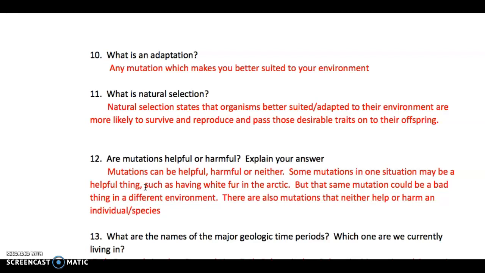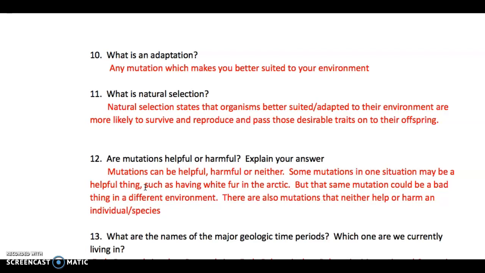The mutation that causes that brown coat color is a good thing because they are camouflaged. If you take that same exact deer, same mutation, put it in the Arctic in the ice, it's no longer camouflaged, so the mutation causing brown is now a negative. It's not an adaptation. So the answer to number 10 is any mutation that makes you better suited to your environment is known as an adaptation.